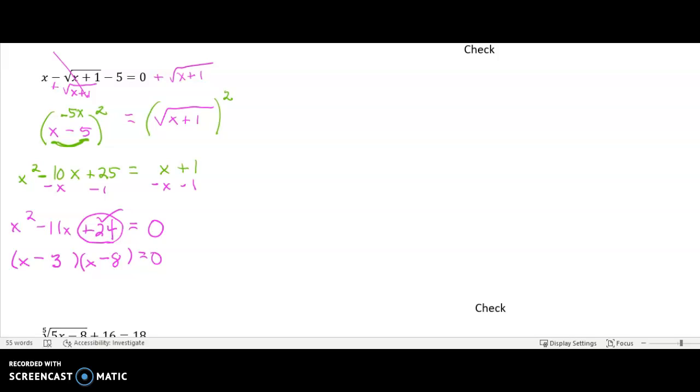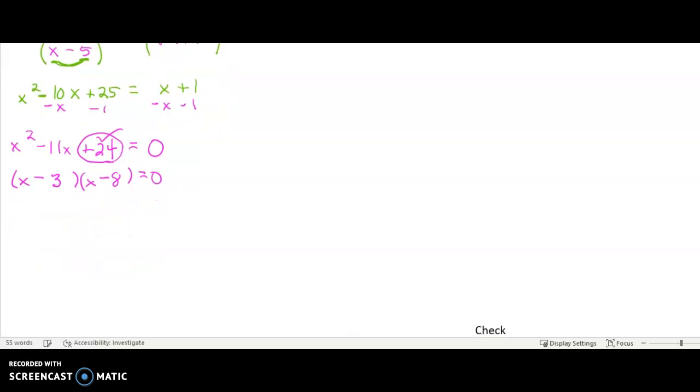When I check and I do my outside inside, outside will give me negative 8x, inside negative 3x, and together they give me negative 11x. And once we know it's factored correctly, we set our factors equal to 0, and we would have x equals 3 and x equals 8.